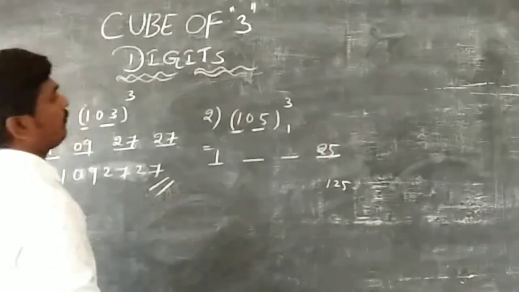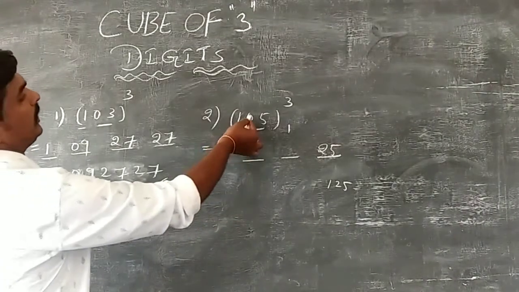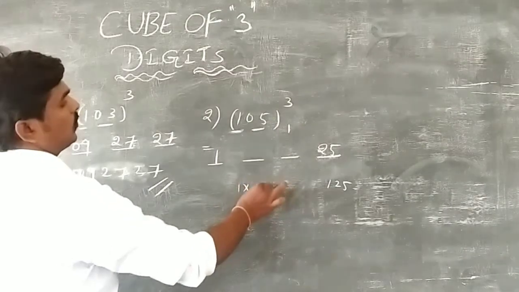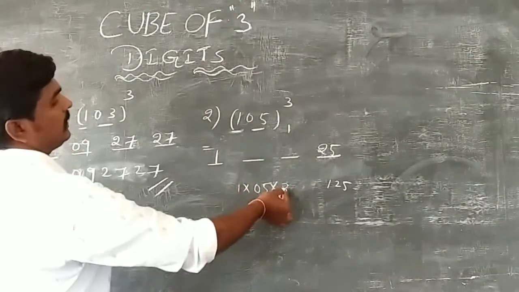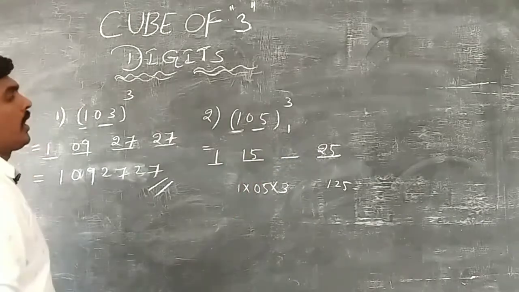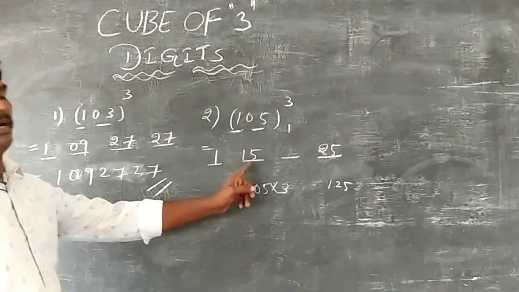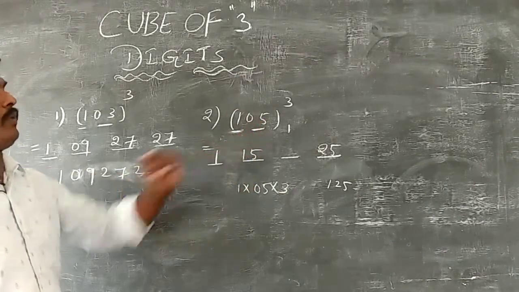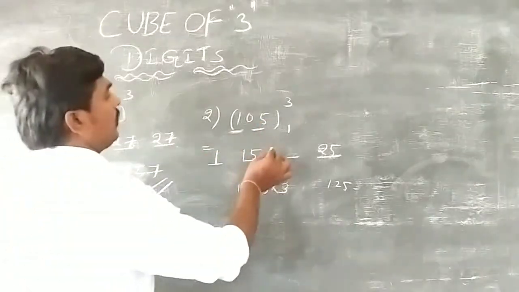Afterwards, 1 into 05 into 3, 5 3s are 15, write 15 here. Then with this number multiply this number, 15 5s are 75.